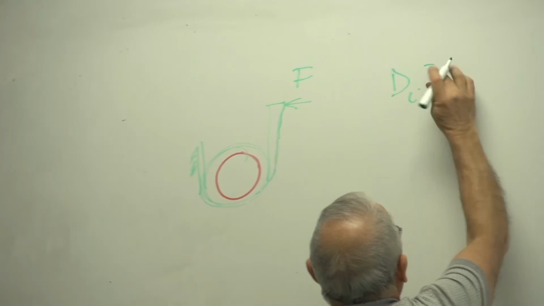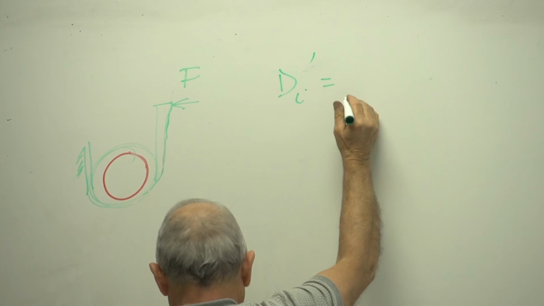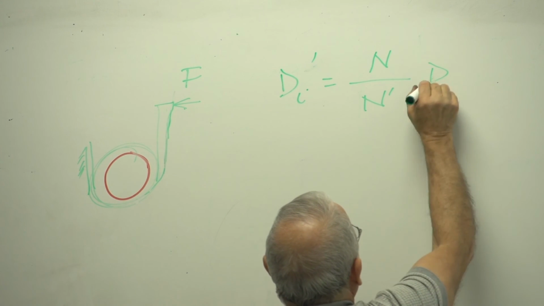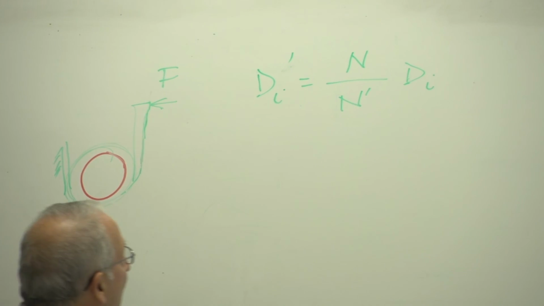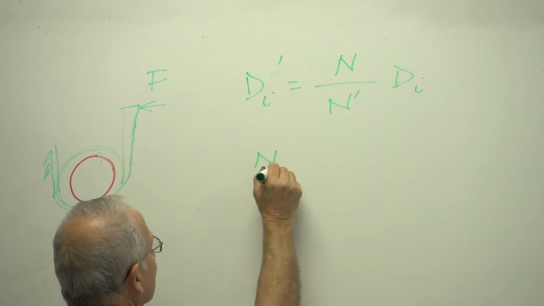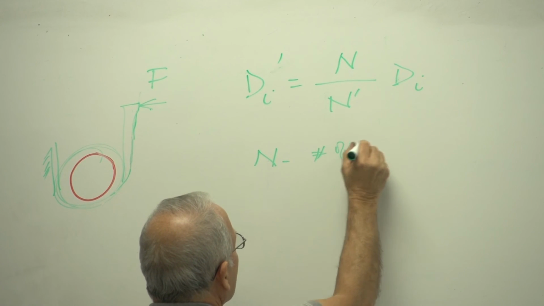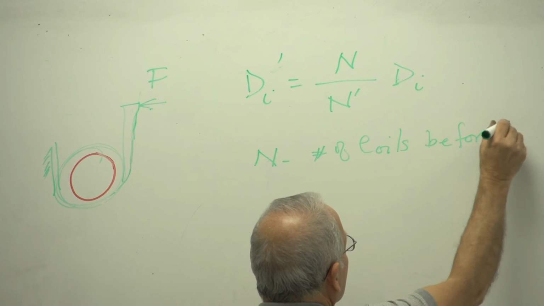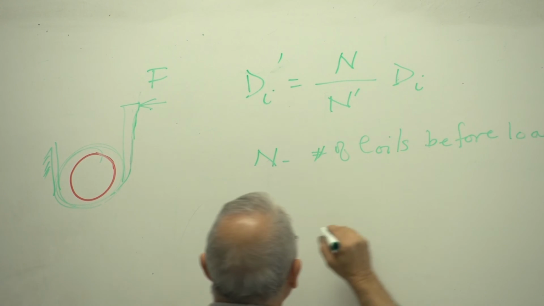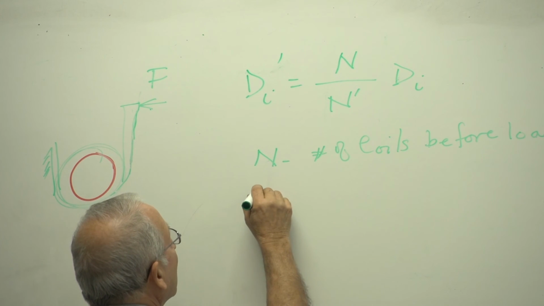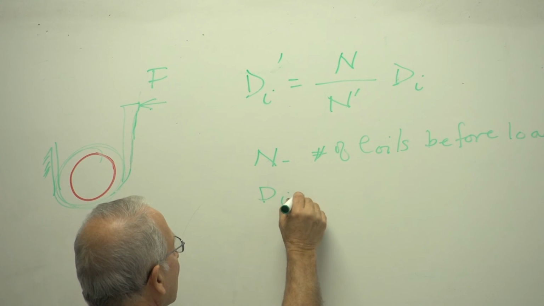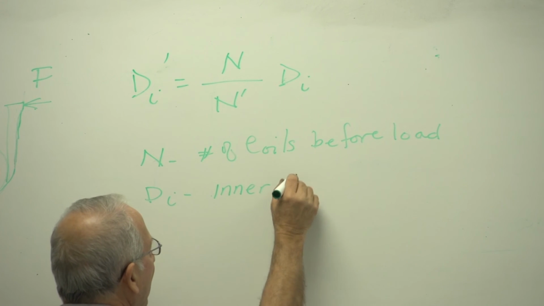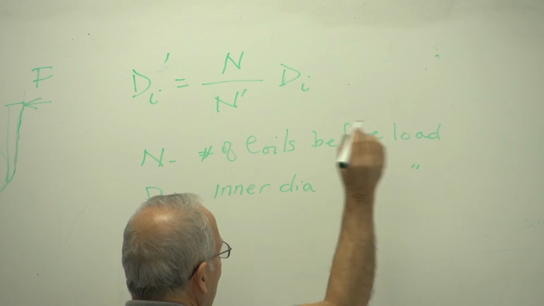di prime is equal to n over n prime di. In this equation, n is the number of coils before load. Di is the inner diameter before load.